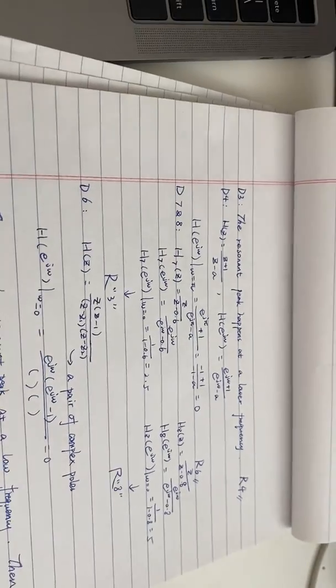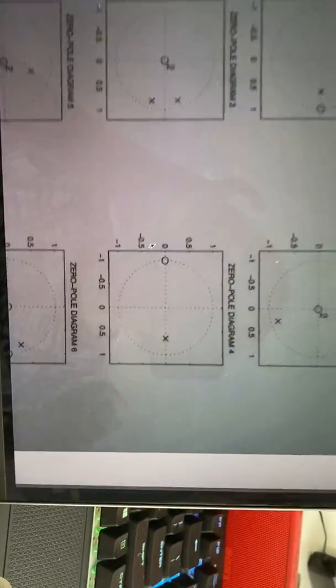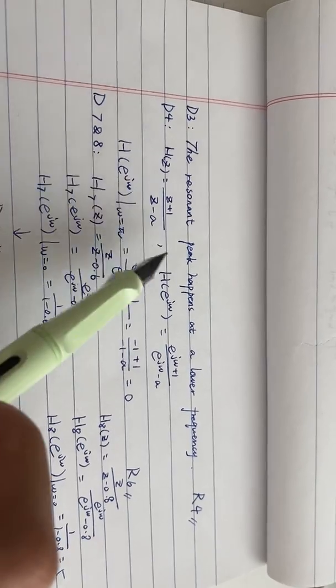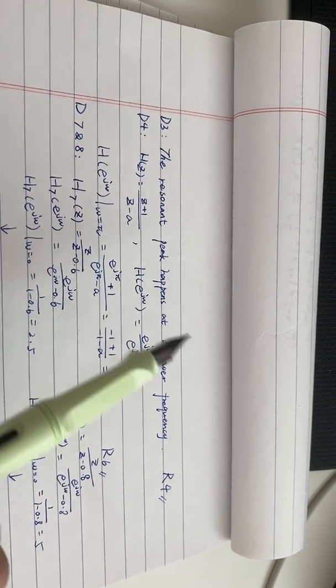All right, and for diagram 4, one zero and one pole. So here we write the big H of z in this style and get the H in the frequency domain.